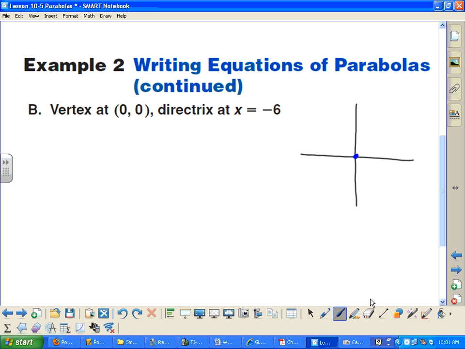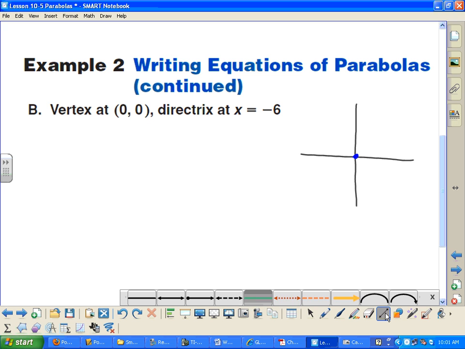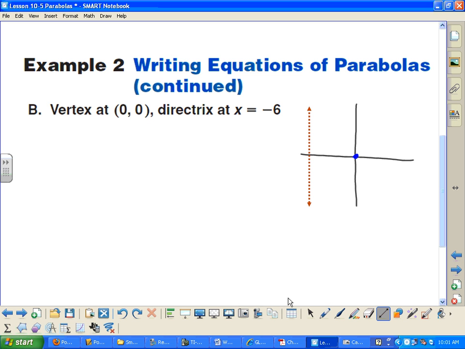And the directrix is at x equals -6. Is that a horizontal or vertical line? Okay. X equals is a vertical line, so that vertical line is over here at -6.